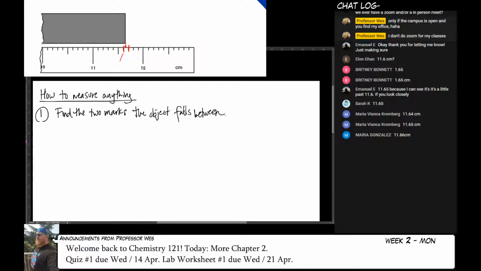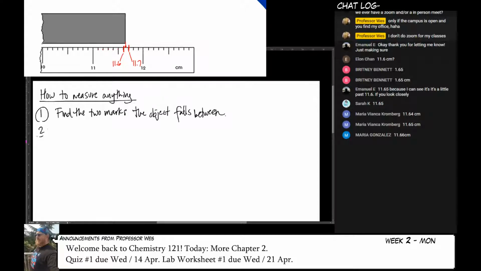So this is 11.6, and this is 11.7, because that's what those tiny marks mean. That's every 0.1, right? And then the slightly longer one is 0.5, just so that you don't have to lose count every time you're trying to count. All right, so we found the marks. Cool. That's easy enough. We can always do that.